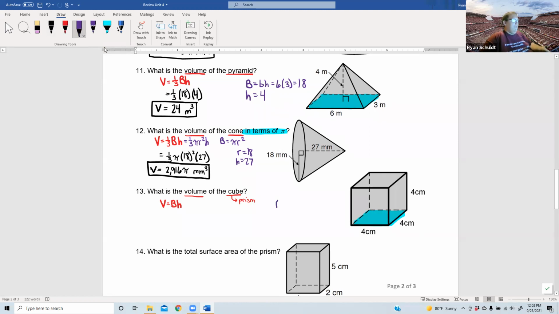Okay, so let's get big B. That'd be S squared, which is 4 squared, or 16. The height of the cube is 4. So we can plug in now. It'll be 16 times 4. It's going to be 64 centimeters cubed.